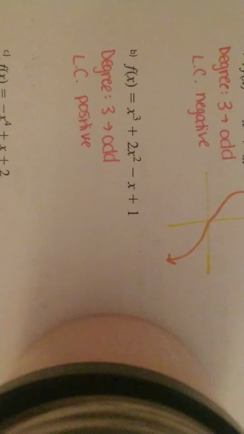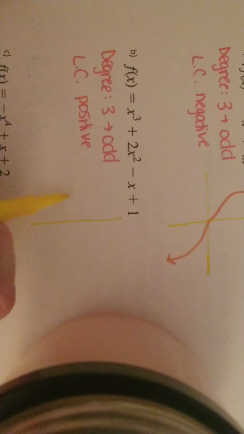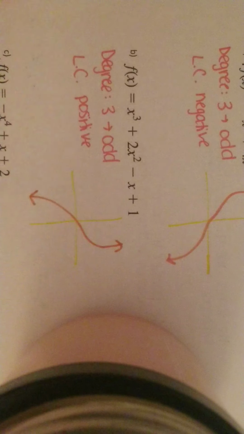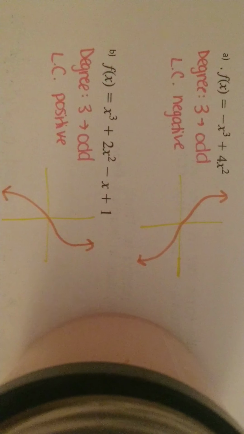So if you look back at the other page, odd and positive looks like this right here. So then we're just going to sketch something that looks like that. So we start by drawing our axes, and odd and positive looks like that. If you notice, odd and negative and odd and positive are just flipped versions of each other.